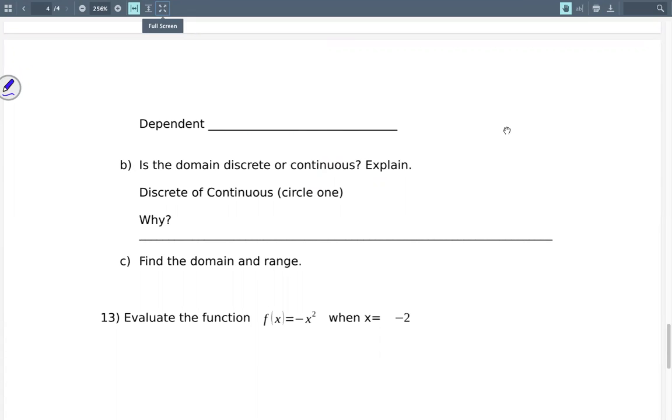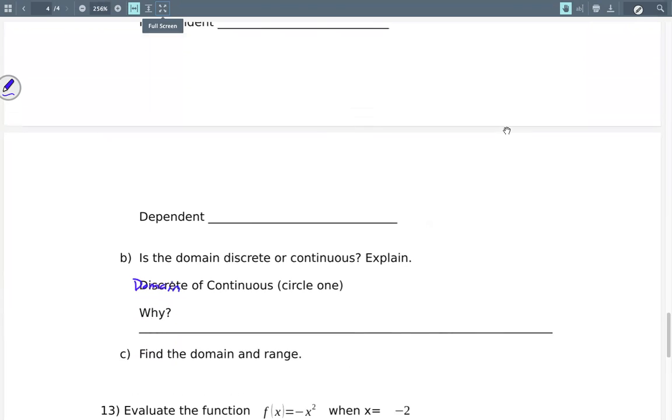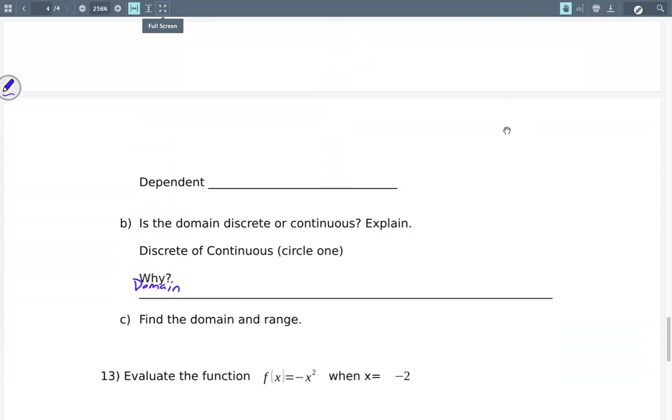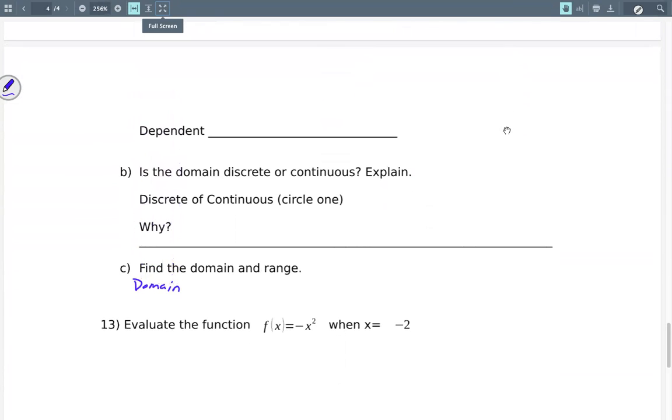Now find the domain. Well, the domain is going to be, well, if we look at that original problem, it says 300 minus 75x. So this was the equation. Now, this one's a little tricky.